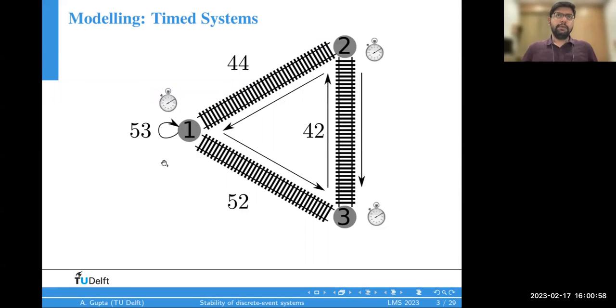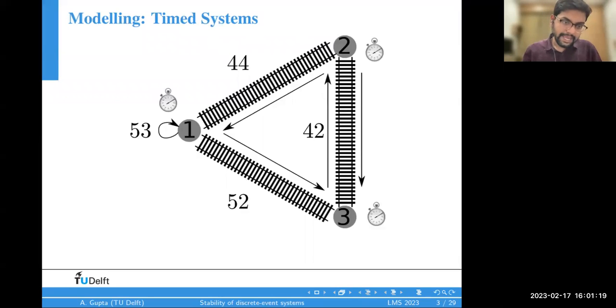And let's say we would like to look at boundedness of the system. So what would that mean physically? Well, we would not like the trains to accumulate at a particular platform, or we would not like the trains to accumulate between the stations.